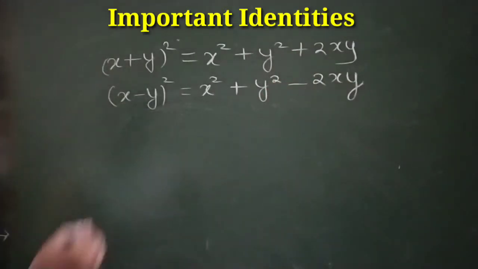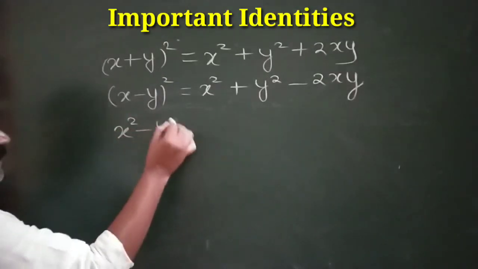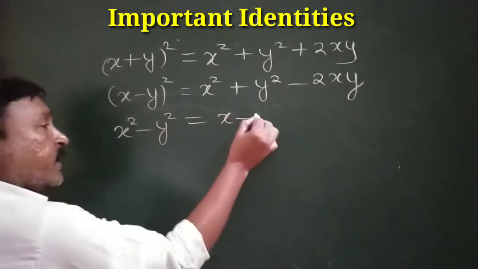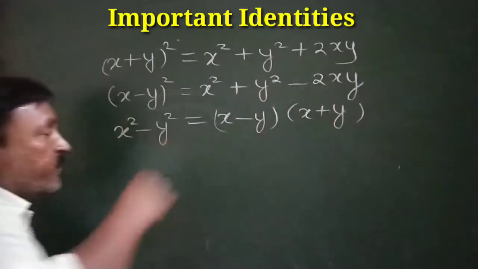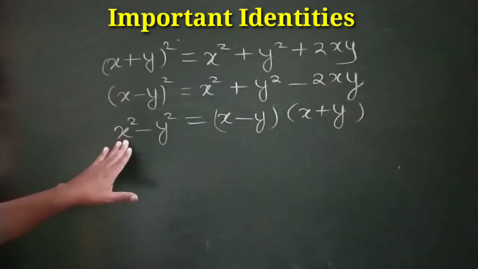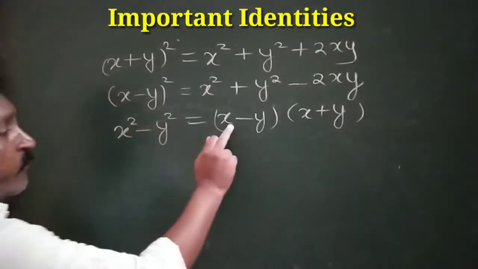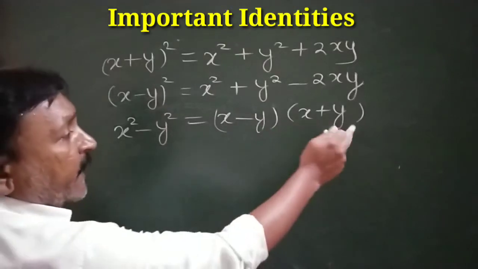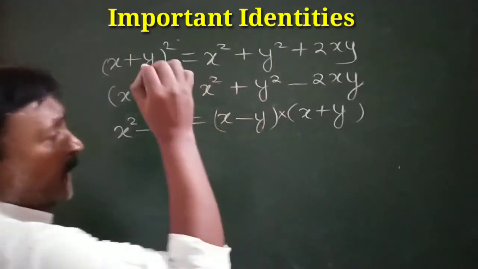Third one is x square minus y square, which means (x minus y)(x plus y). If somewhere it is written like this, x square minus y square, it means these two things will get one time subtracted, one time added, and in between them they are having the multiplication.